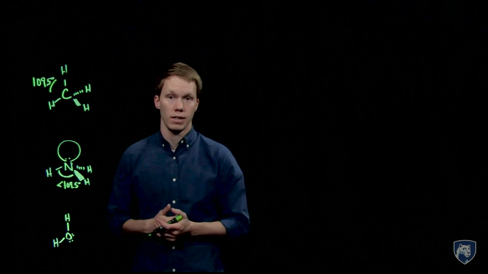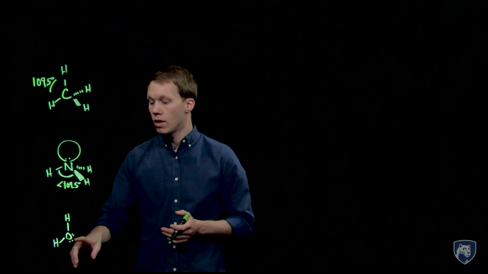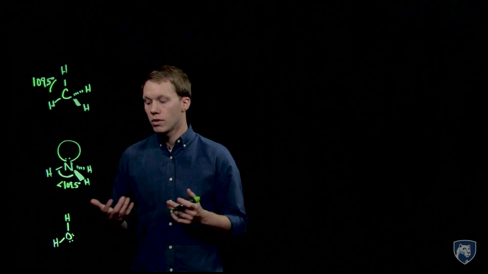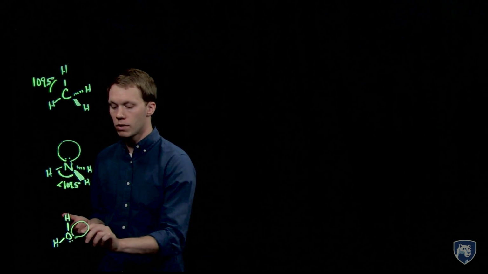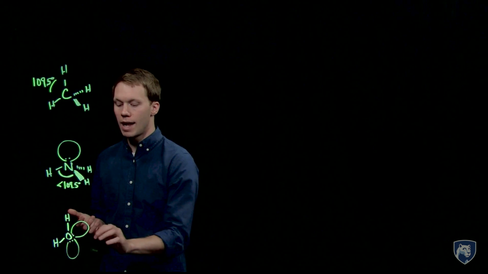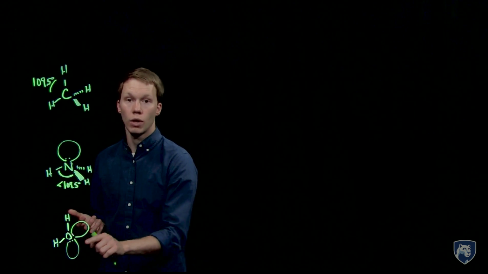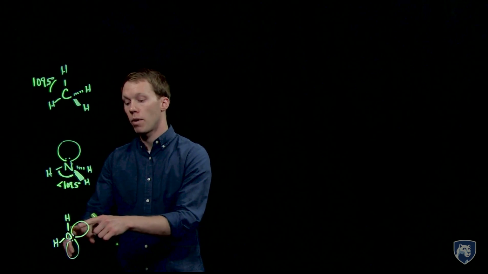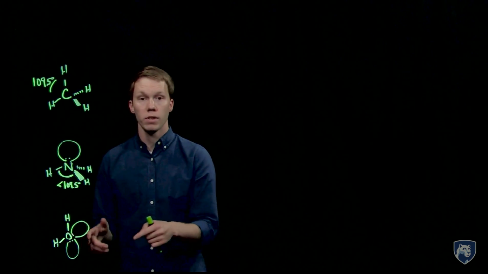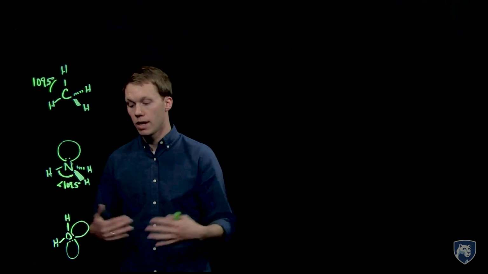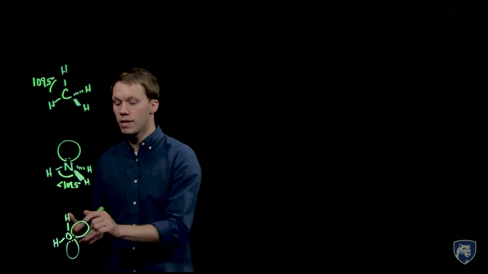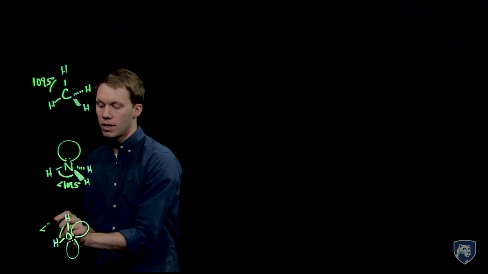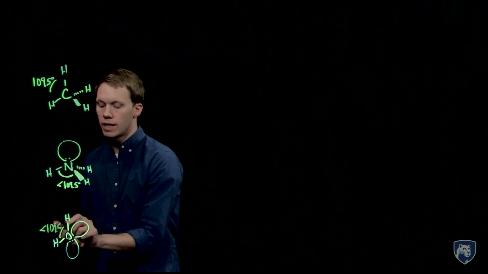What if we increase the number of lone pairs? Well, here in water we have 2 lone pairs. So those 2 lone pairs will be taking up more space, and the repulsion between the 2 lone pairs is going to be greater than the repulsion of the 2 bonding groups because they are taking up that increased amount of space. And so this angle will be even less than 109.5 degrees.